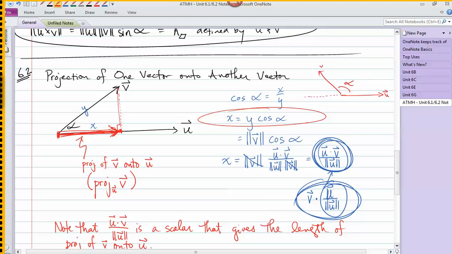If this one's U and this one's V, then the projection's actually going to be pointing this way instead, the exact opposite. And cosine of values between 90 and 180 are always negative, because if you think of the unit circle, it's over here on the negative side of the x-axis. So, okay.